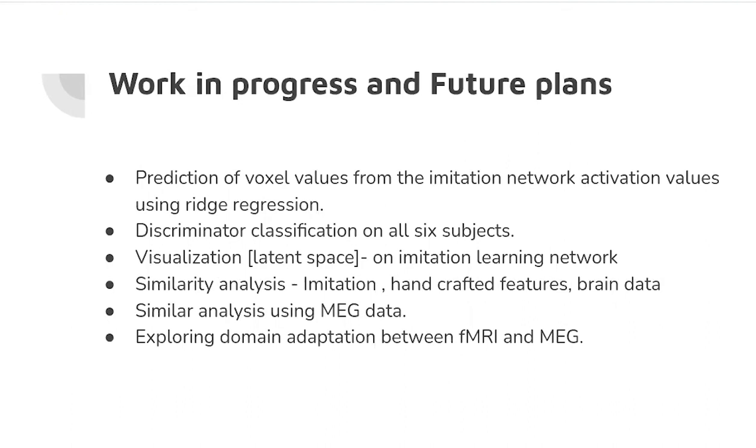Currently, we are working on prediction of brain voxel values from the imitation learning network activation values using regression. By the end of this term, we plan to explore classification of strategies on all 6 subjects, visualization of the latent space of the imitation learning network, and similarity analysis of imitation learning activations, hand-crafted features, and the subject's brain data.